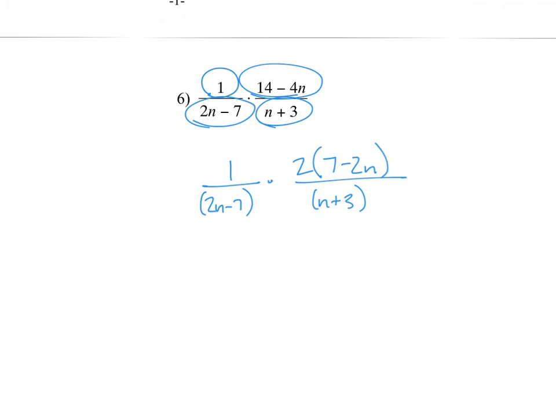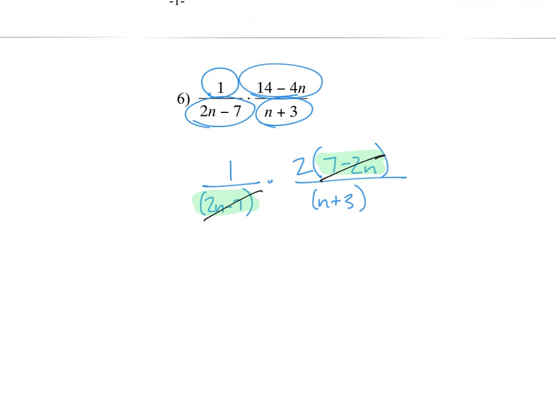Now I'm looking for things top and bottom that are either exactly the same or opposites. These 2 are opposites. 2n minus 7 is the opposite of 7 minus 2n, which means, yes, I can cancel them as long as I'm left with a negative 1 somewhere.